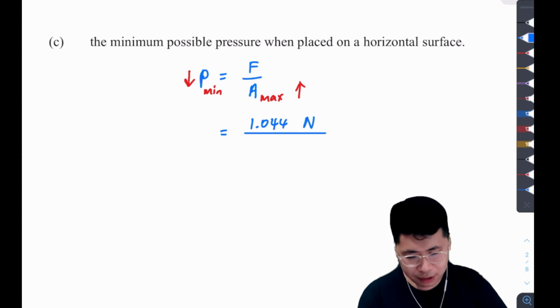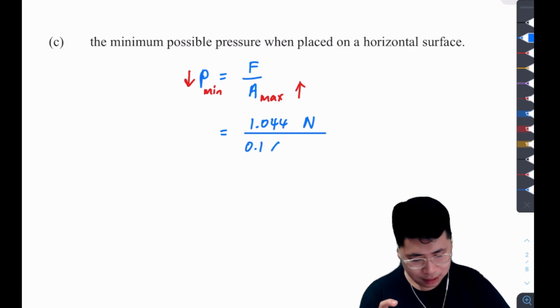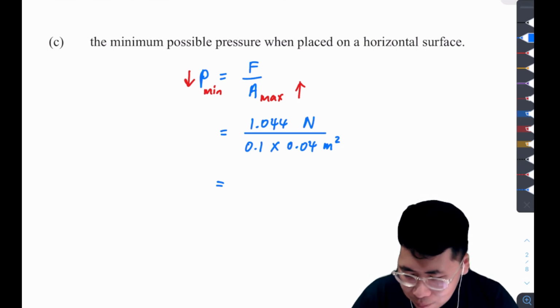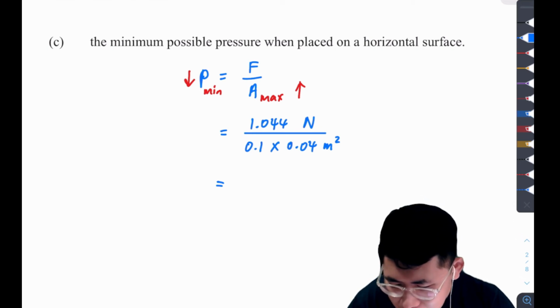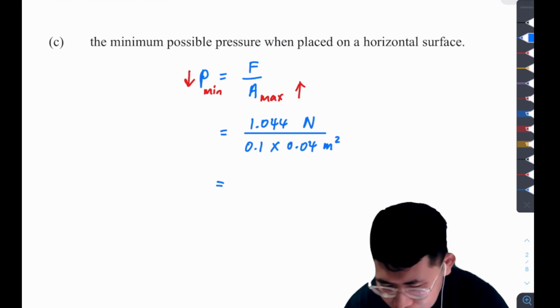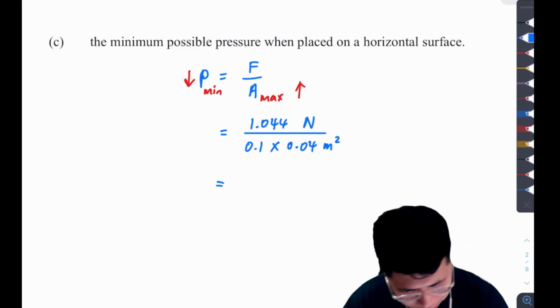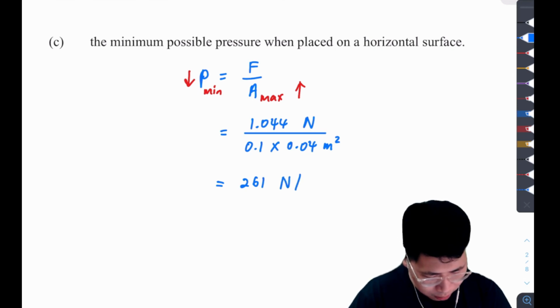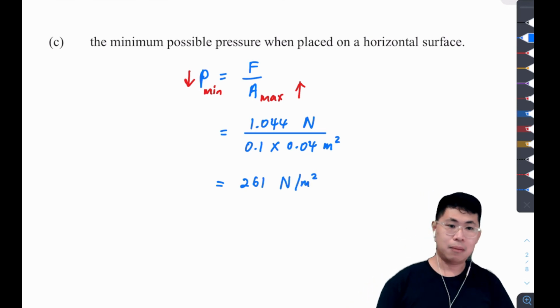For the area, I'm going to take the two biggest sides: 10 cm or 0.1 meters, multiplied by 0.04 meters. Let's do this, and we will see 261 minimum pressure. It can be newton per meter square, or it can be Pascal.